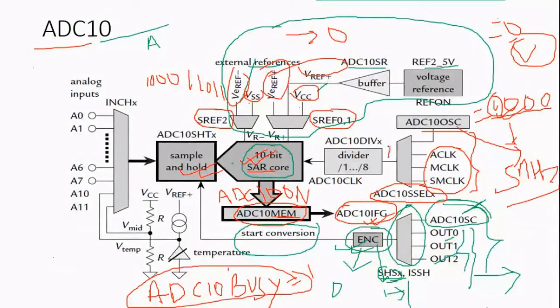The range of the selected clock source is 0.45 to 6.3 megahertz.